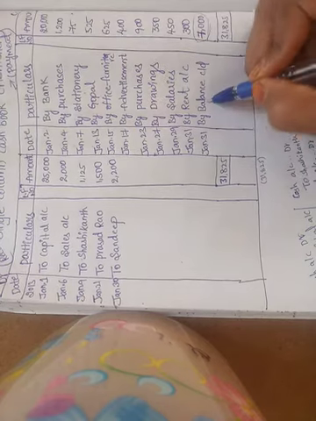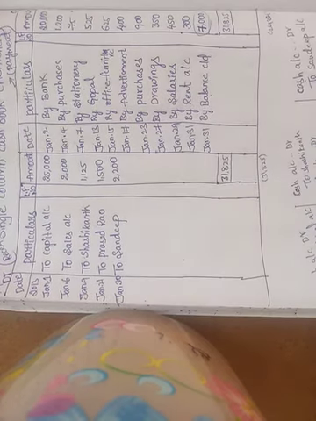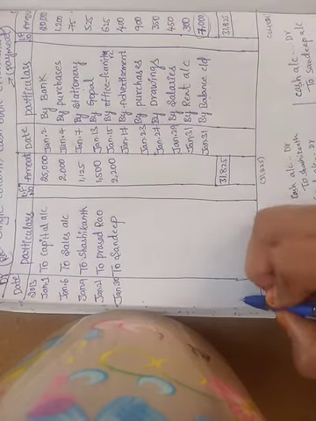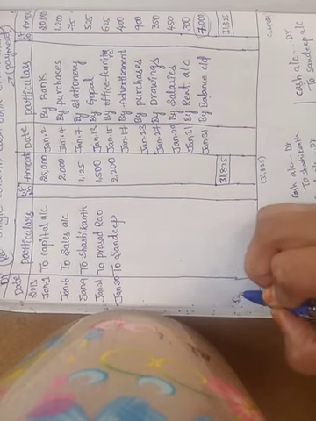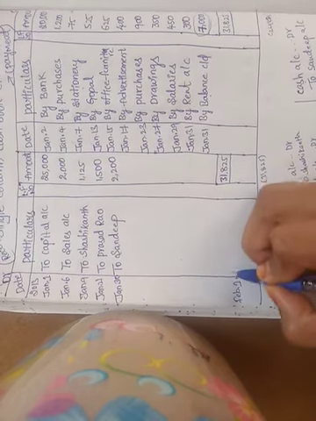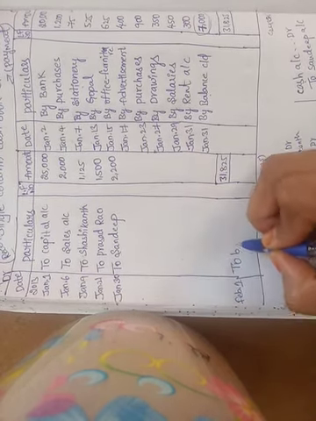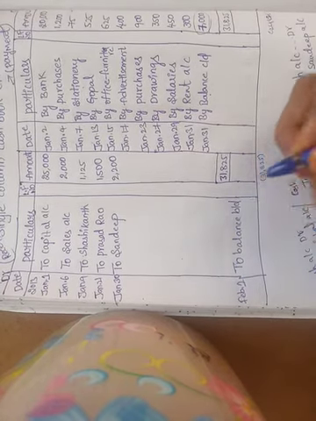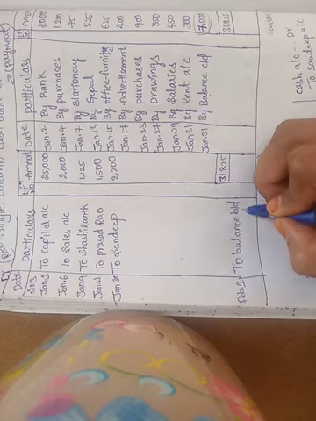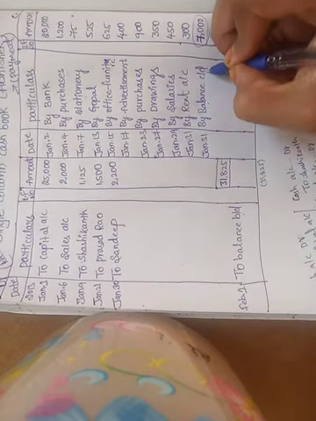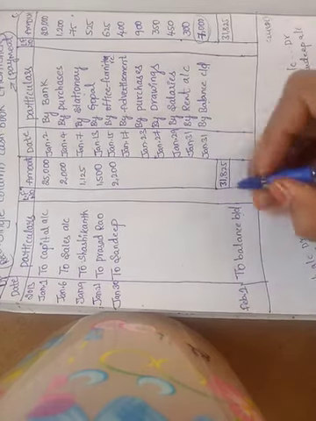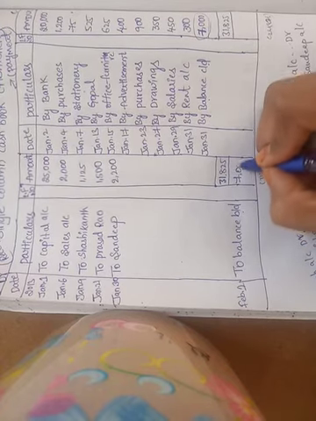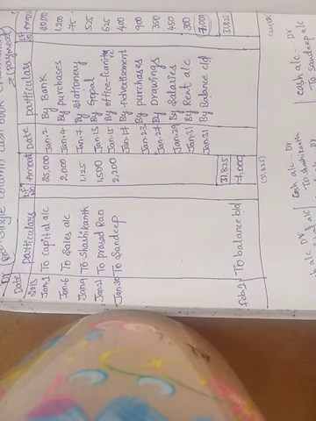So this month's closing balance is next month's opening balance. So on Feb 1st, what? To balance brought down or carried down? Brought down. For the opening balance we use the word brought down, and for the closing balance we use the word carried down. How much is the balance brought down? Rupees 7,000. Got it?